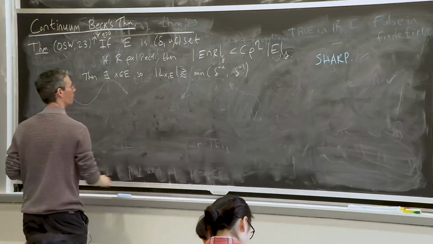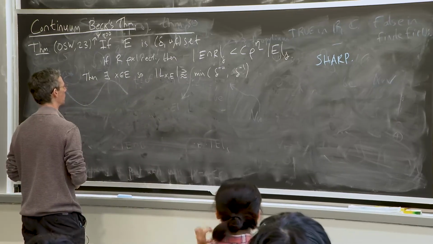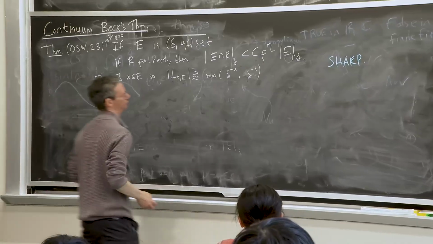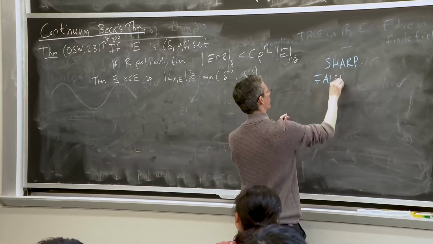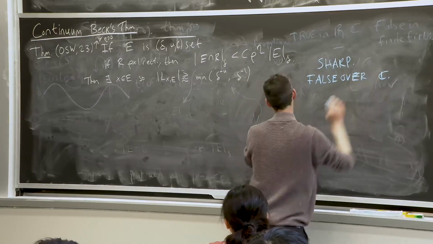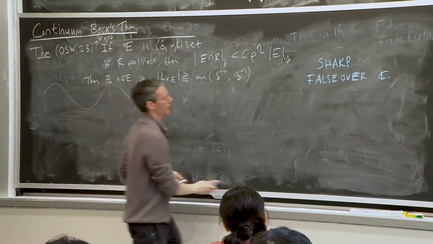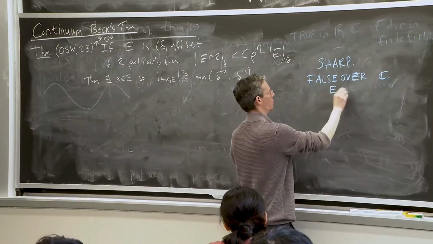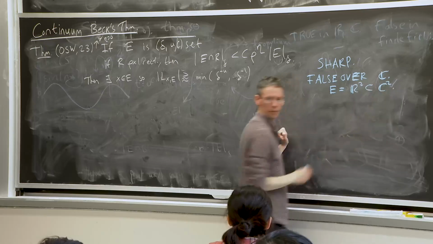So this theorem is sharp. It's also false over C. So the example over C would be that the set E could be like R^2, which is sitting in C^2.